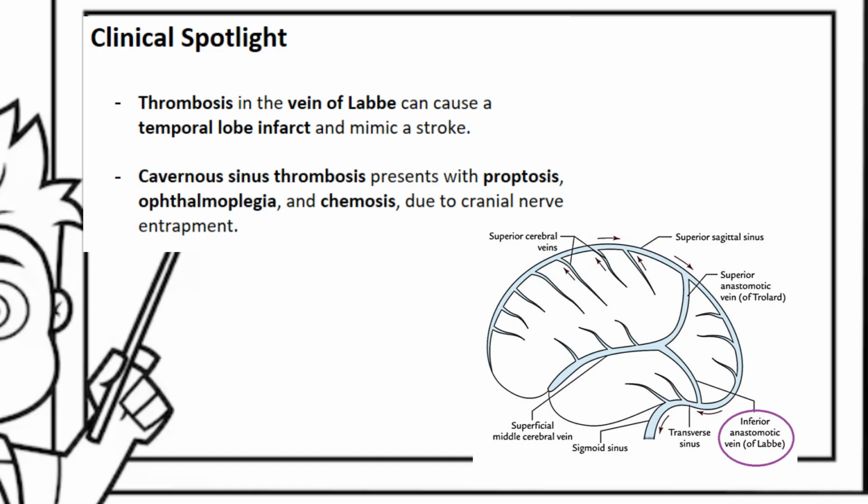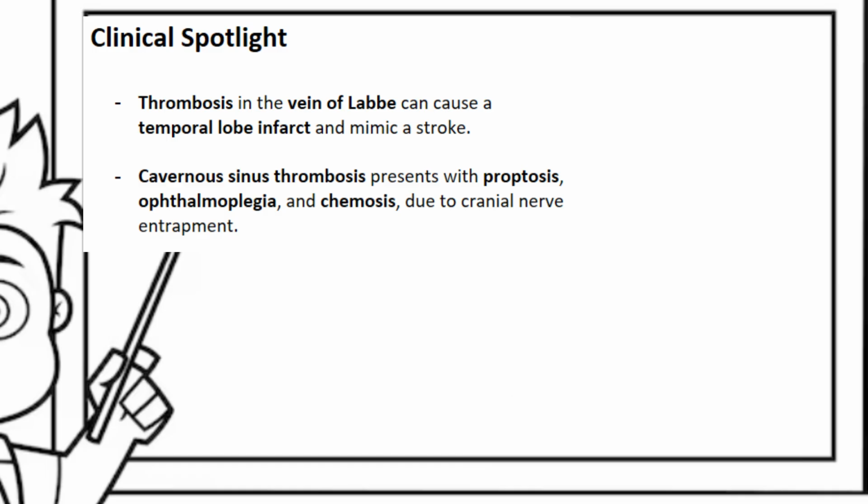As such, thrombosis in this vein can cause temporal lobe infarct, and you got it right, it can mimic a stroke. How about cavernous sinus thrombosis, our crossroad? Think of all the cranial nerves that lie in this place. You can have deadly cranial nerve entrapment. Think of proptosis, ophthalmoplegia, chemosis.